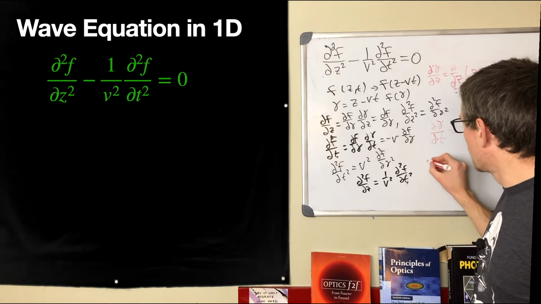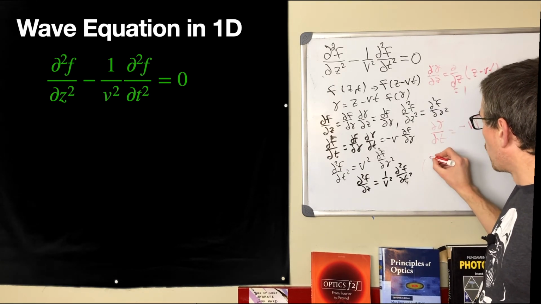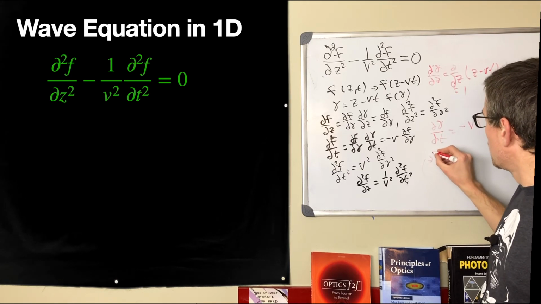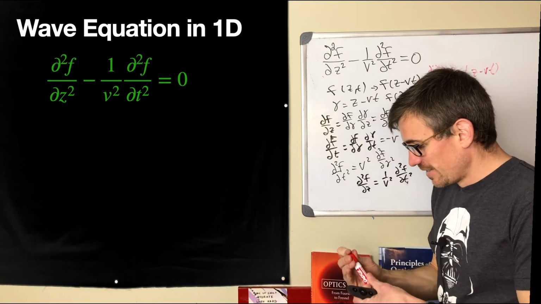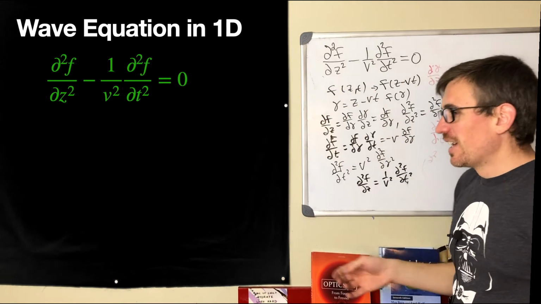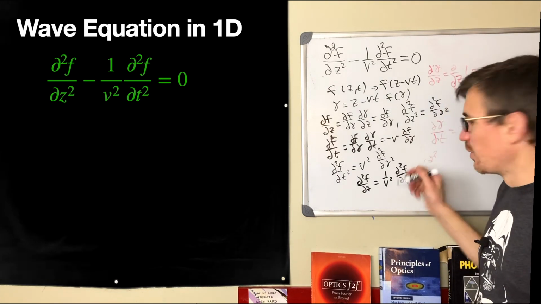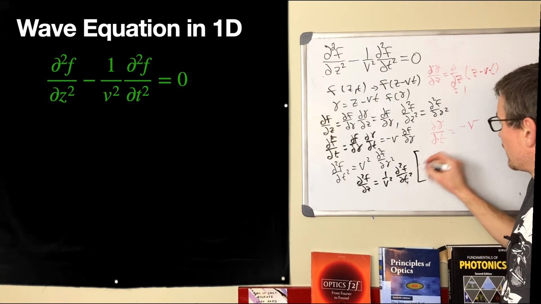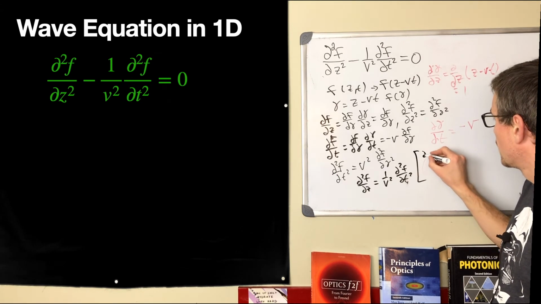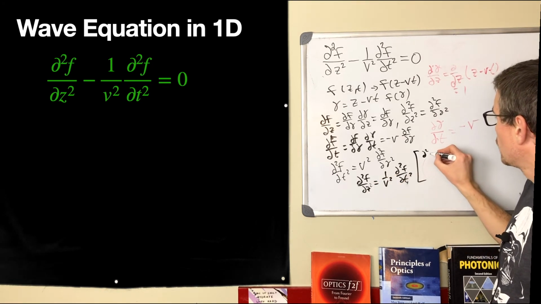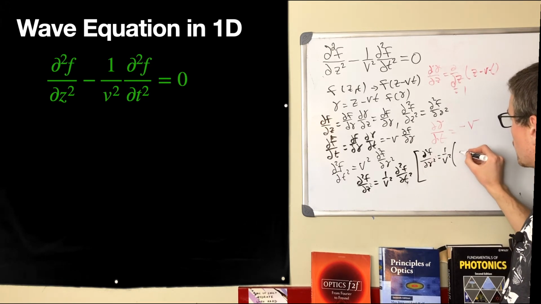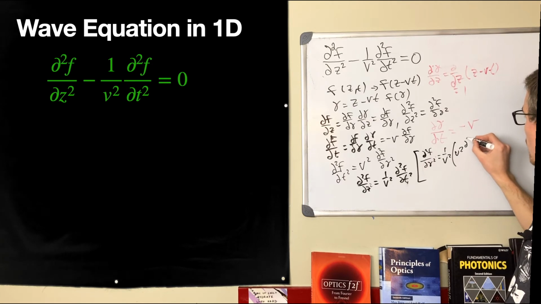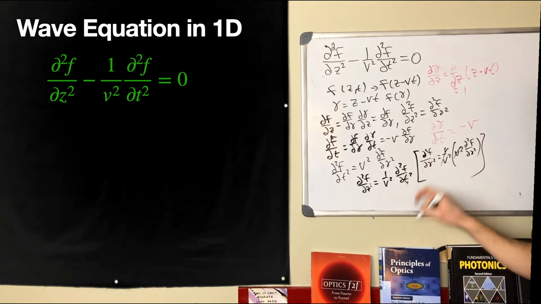To write it explicitly, d2f by dz squared is d2f by d gamma squared, and 1 over v squared times v squared d2f by d gamma squared. So these things are automatically satisfied.